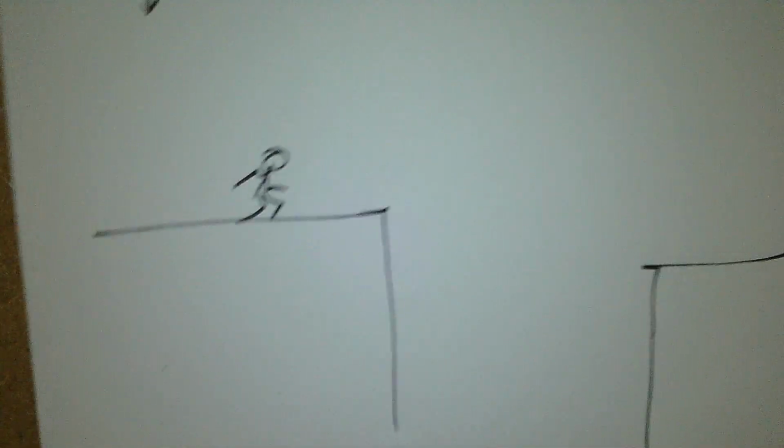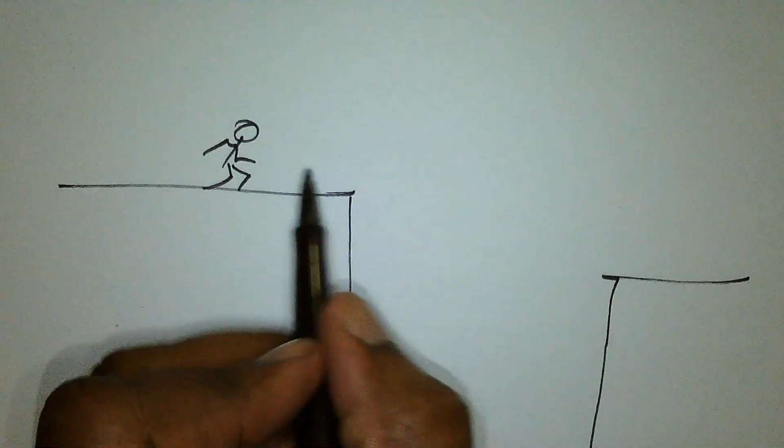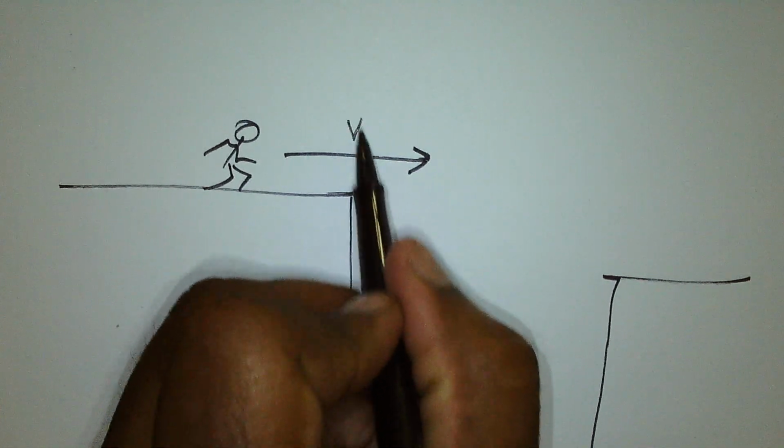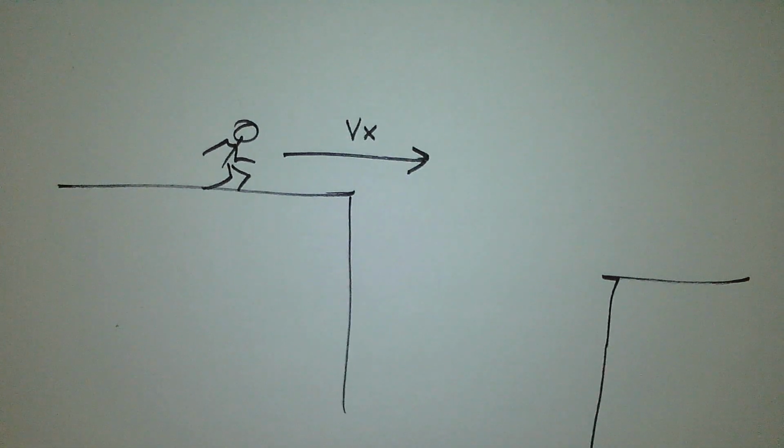Okay, so when a projectile is launched horizontally, there is nothing but the momentum of the object carrying it in the horizontal direction.